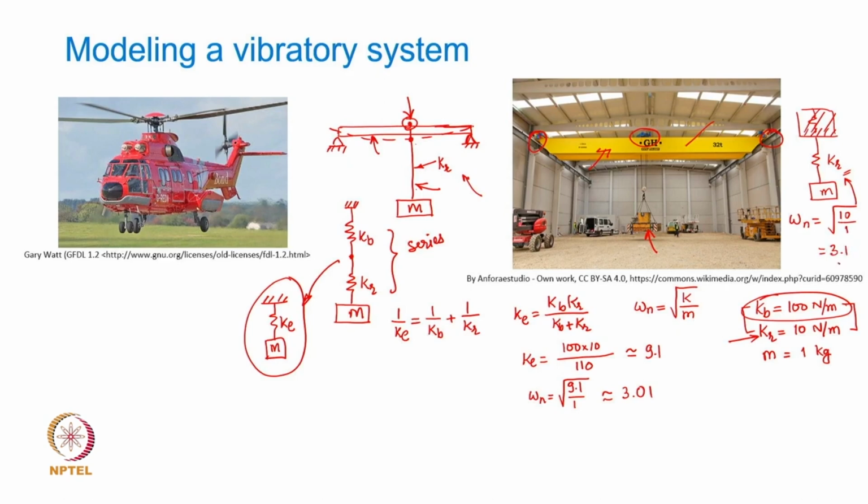So what we are saying is that the natural frequency obtained by simplifying the model, particularly when there is such a large difference in the values of the two springs, is justified. You can see that 3.1 and 3.0 something is hardly any difference in the values estimated. If you want to know the approximate value of the natural frequency, these kinds of simplifying assumptions are always made, which should be justified in the process of approximations.